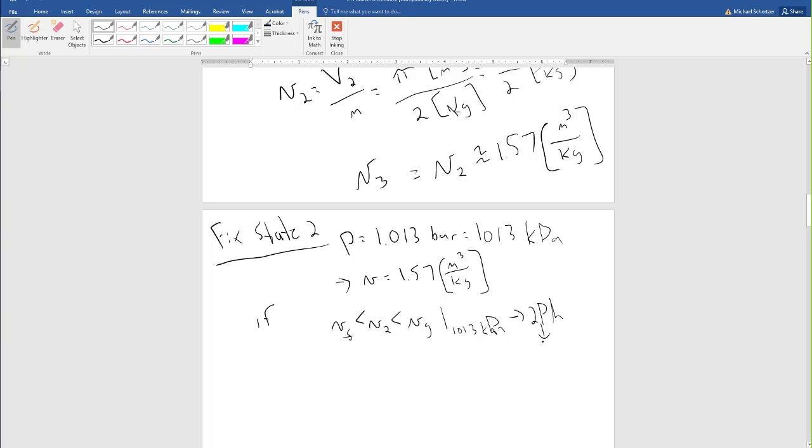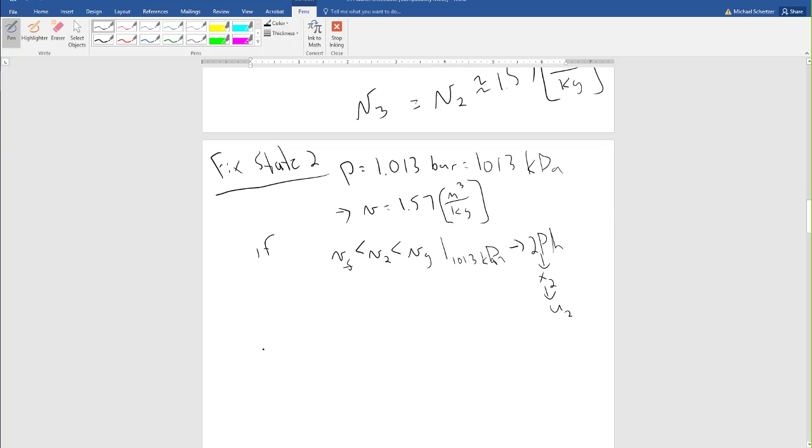If it's two-phase, I'll find X2 and I'll use X2 to find U2. If VG is less than V2, then this tells me this is a superheated vapor, and what I would have to do is find the right subtable and interpolate.